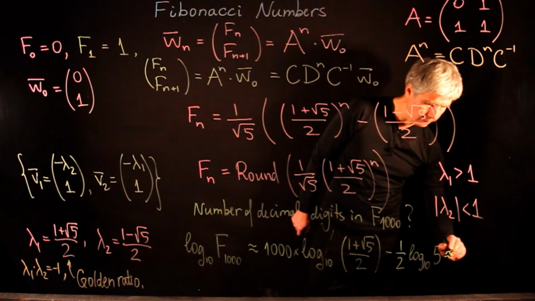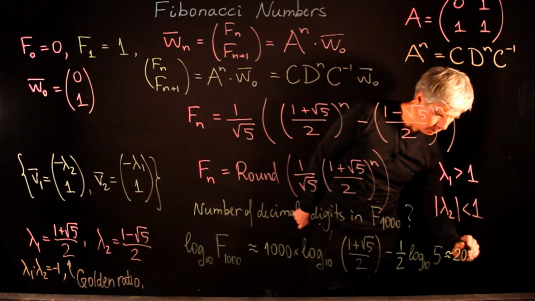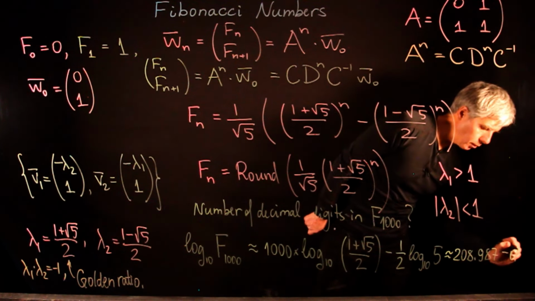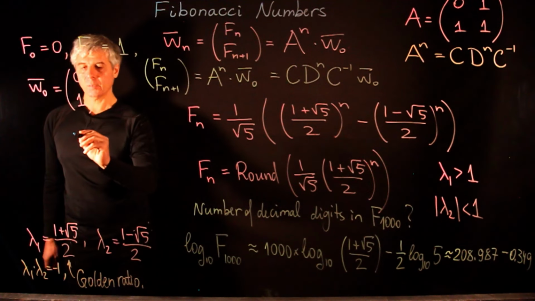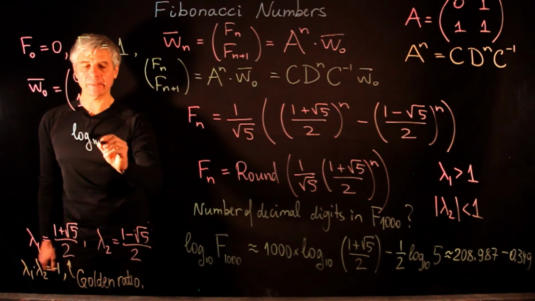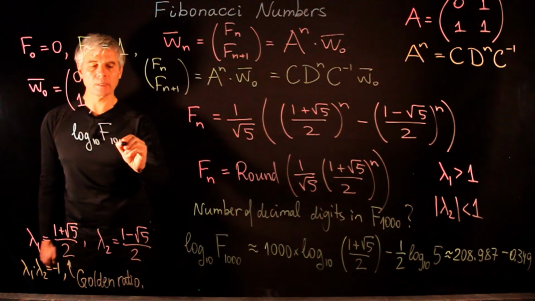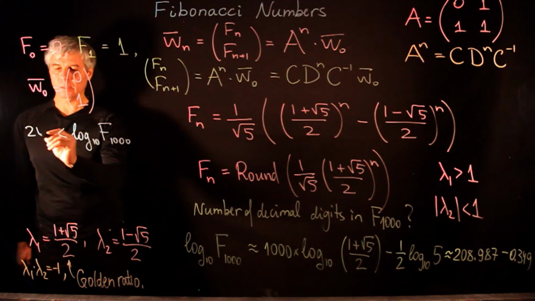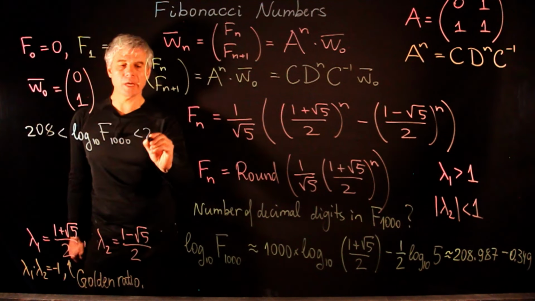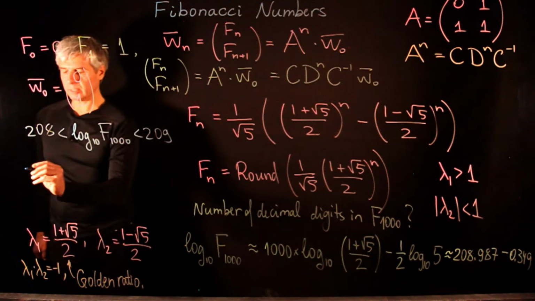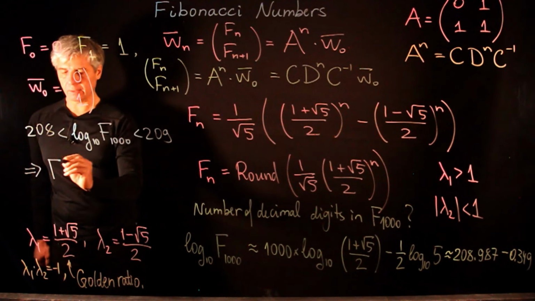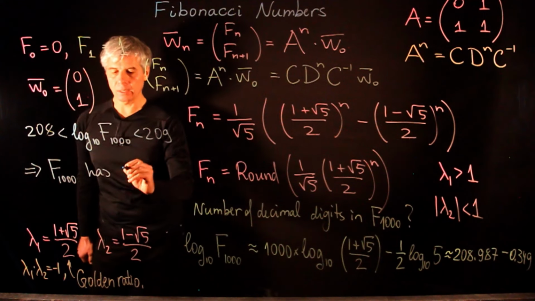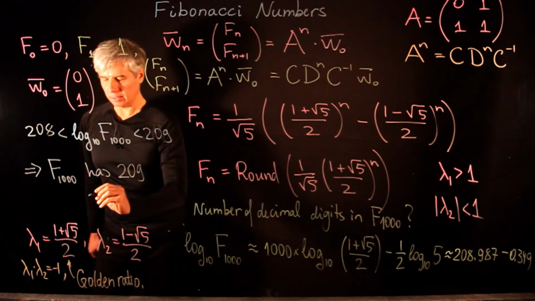So this is approximately 208.987 minus 0.349. So we see that log base 10 of F1000 is between 208 and 209. And this tells us that the Fibonacci number with index 1000 has 209 decimal digits.